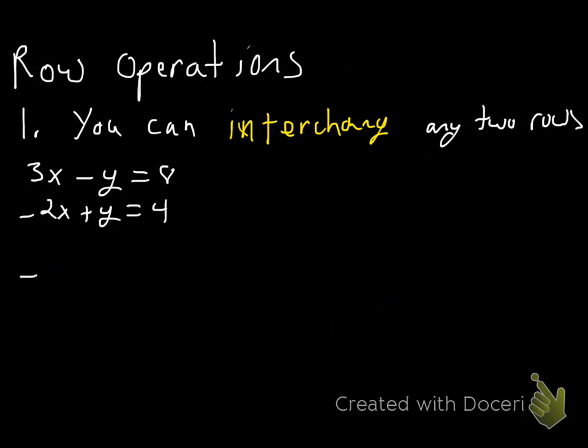If I only have two, it means I can switch them. If I have three, then I can switch any two of them. So we can choose which one we write first, second, and last if there's three of them. Or if there's two of them, we can choose who's on top. That's all it's saying. We can interchange two rows.